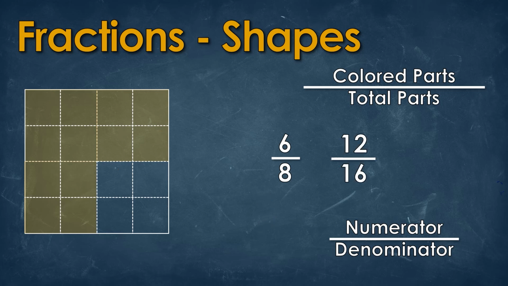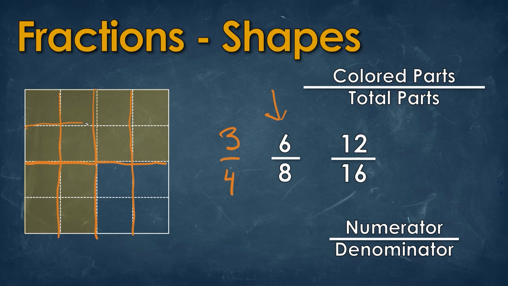Now let's take a look at this. So originally we had a total of only 4 rectangles. And we said that that was 3 over 4. But when we added in additional sections in here, it changed it to 6 over 8.